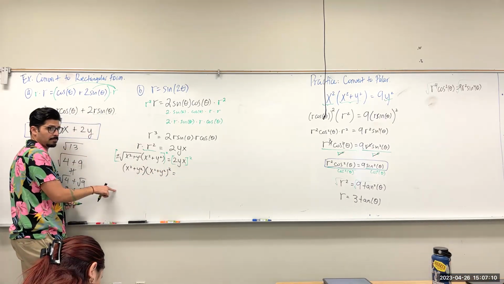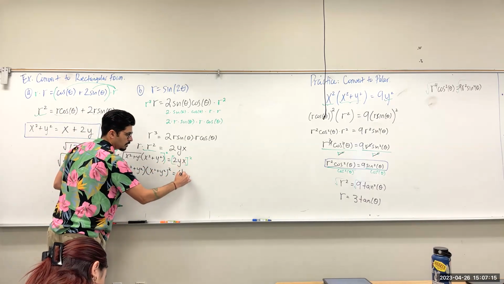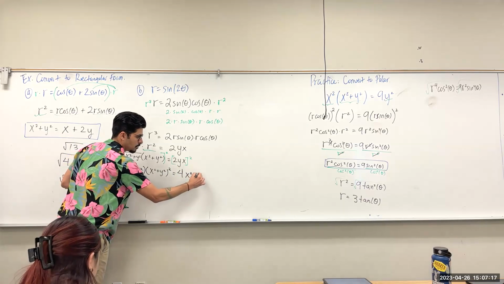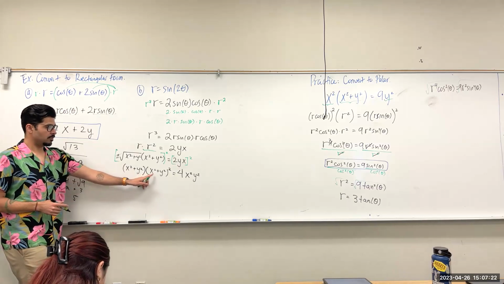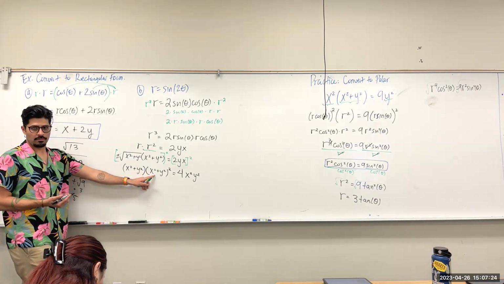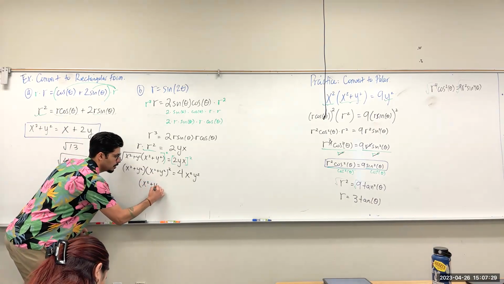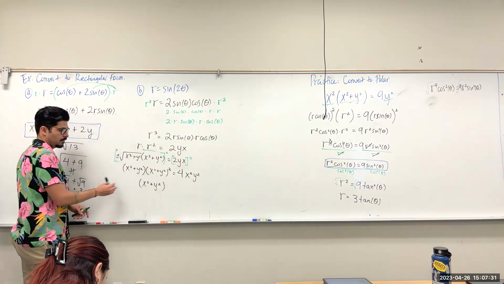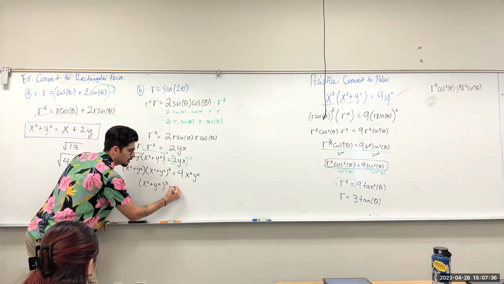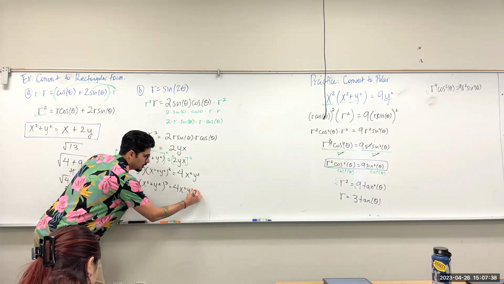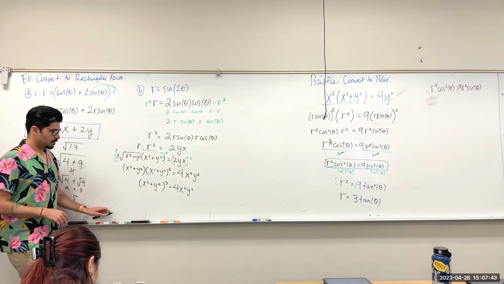Is that okay? So this is just this times itself, so that's x squared plus y squared to the power of 3. Okay, I think that one will work.